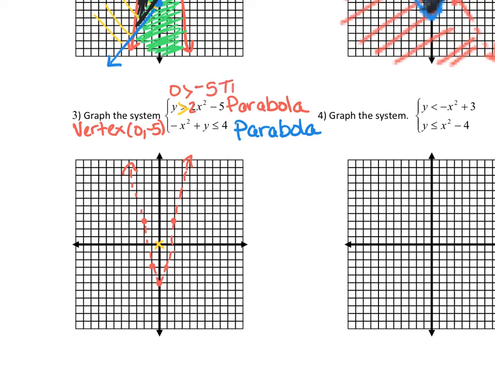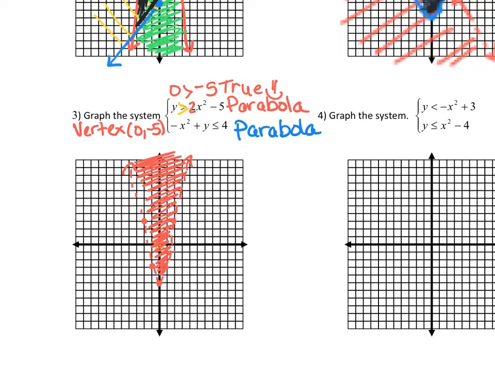That is a true statement, so that means I am going to shade towards (0, 0). And that's going to correlate to inside the parabola. So I'm going to graph or shade inside my parabola here. Okay? So I've completed the first curve.